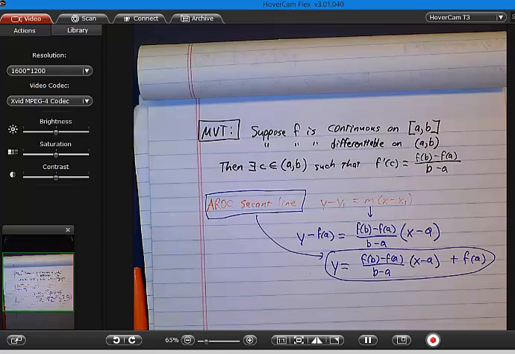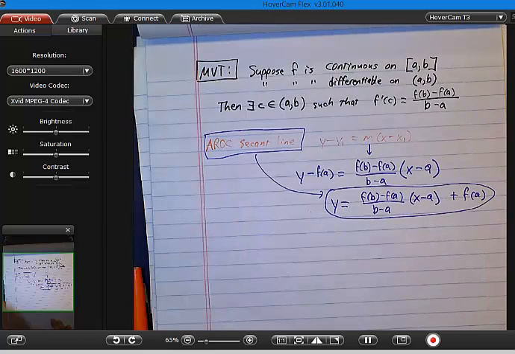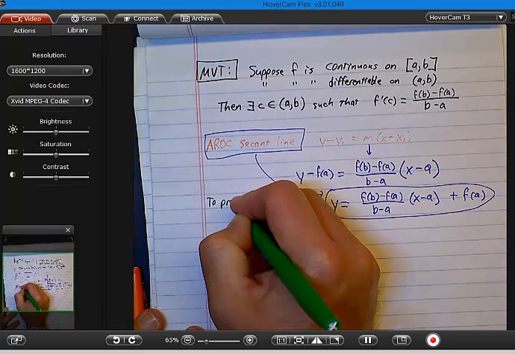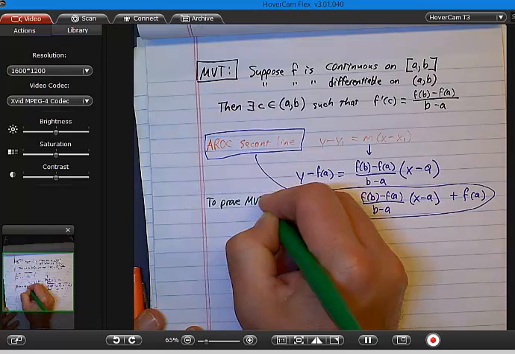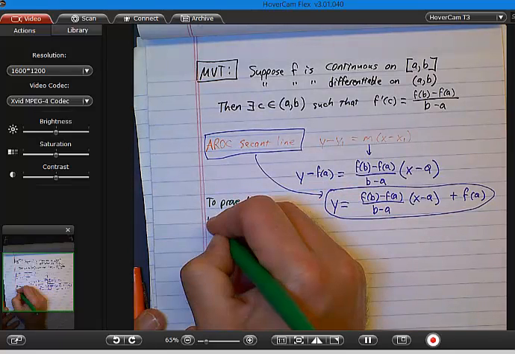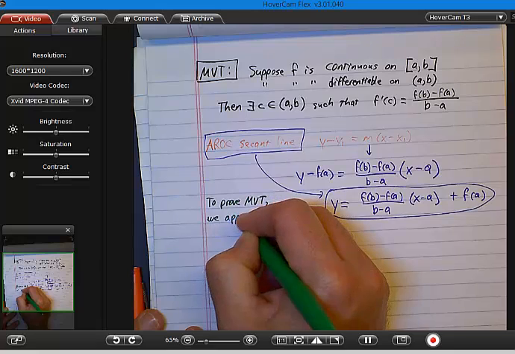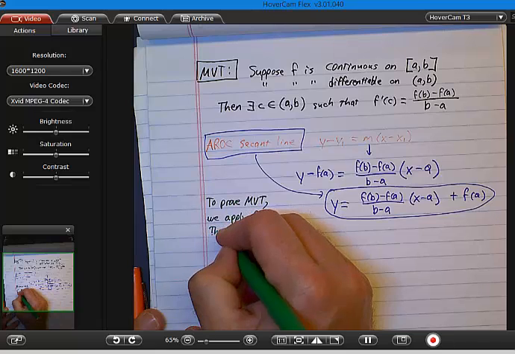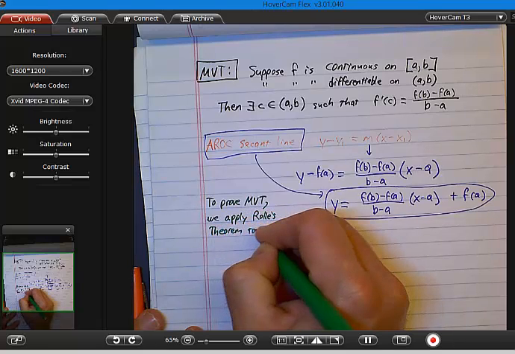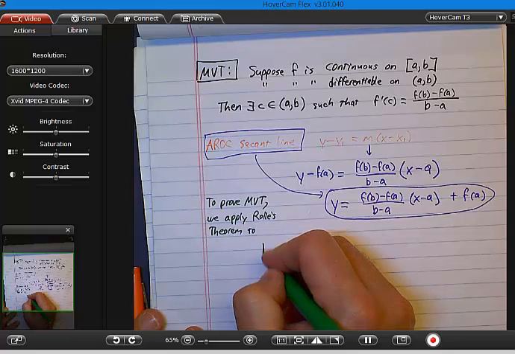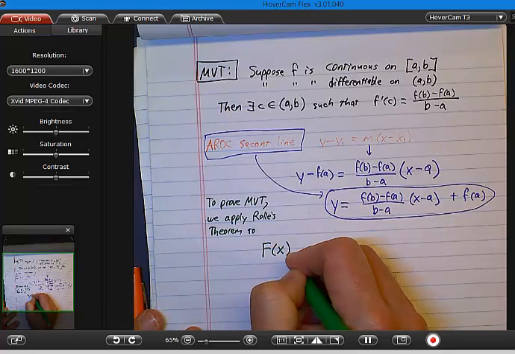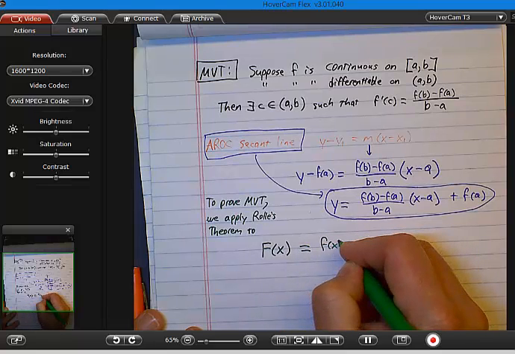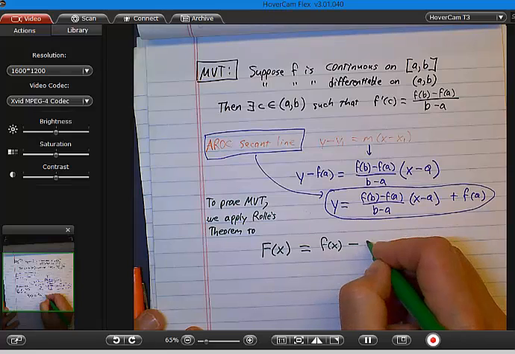Okay. The idea of the proof of the mean value theorem. So, to prove the mean value theorem, we apply Rolle's theorem to what I'm going to call big F(x), which is equal to the original function, little f(x), minus y.